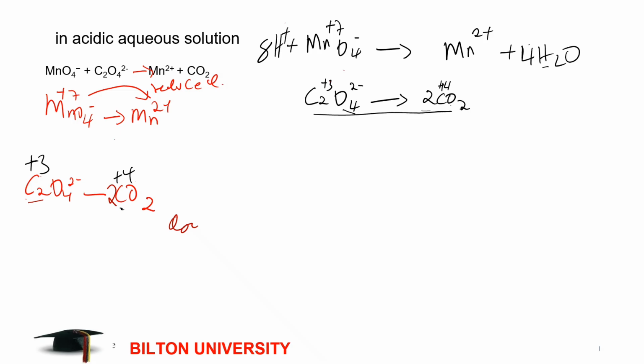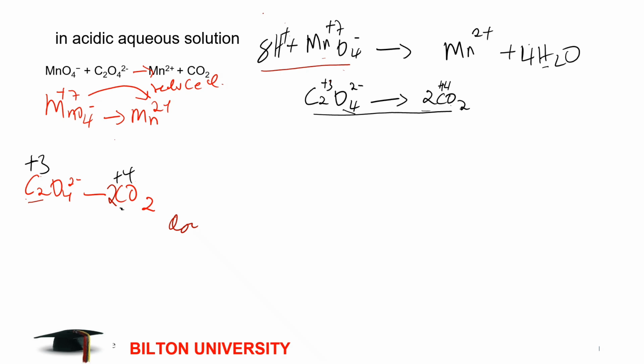Once we have 8 hydrogens, the next thing we need to do is to balance the charge. Let's see the charges that we have. On the left hand side, we have 8 protons, which is 8 plus minus 1 for the permanganate, so we have 7 plus. On the right hand side, we have 2 plus on the manganese. Water is neutral, so we don't need to do anything on water.